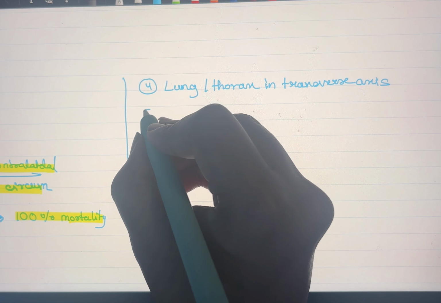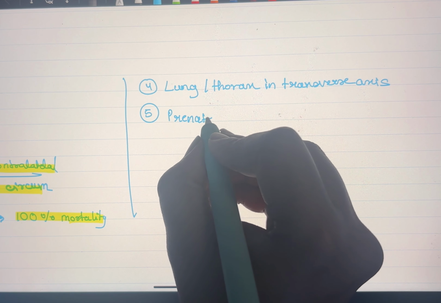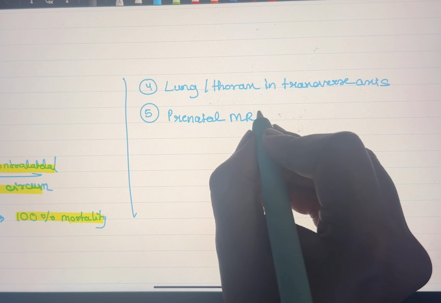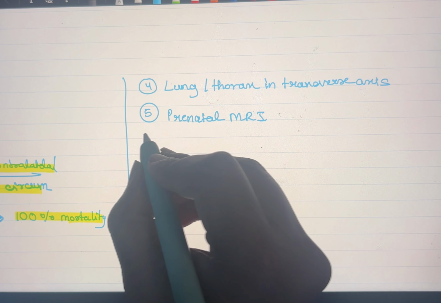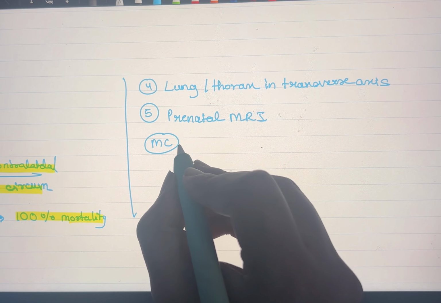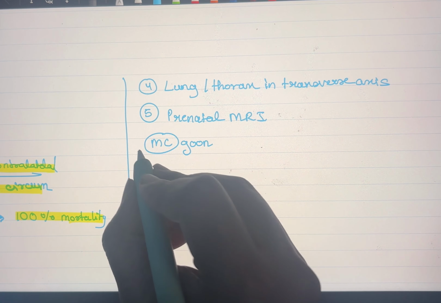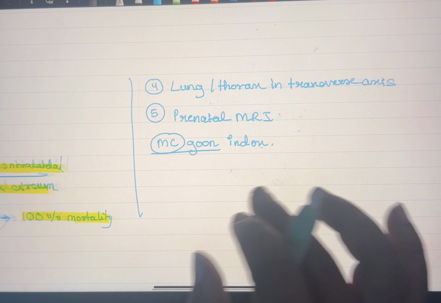Then we have prenatal MRI. There may be absence of liver in the abdomen. Position of the stomach is important, and most common is McGoon index. We will see later on in this video.